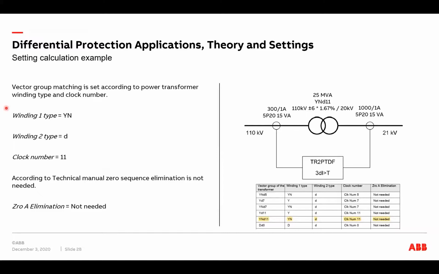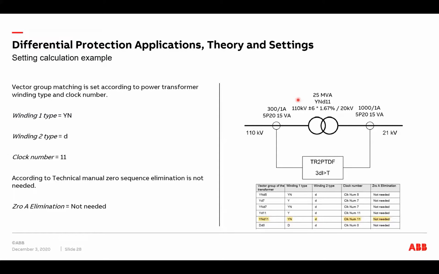Then after that, we need to tell the differential protection also what kind of power transformer we have, what kind of windings we have. This way we don't need to use any interposing CT for that purpose.